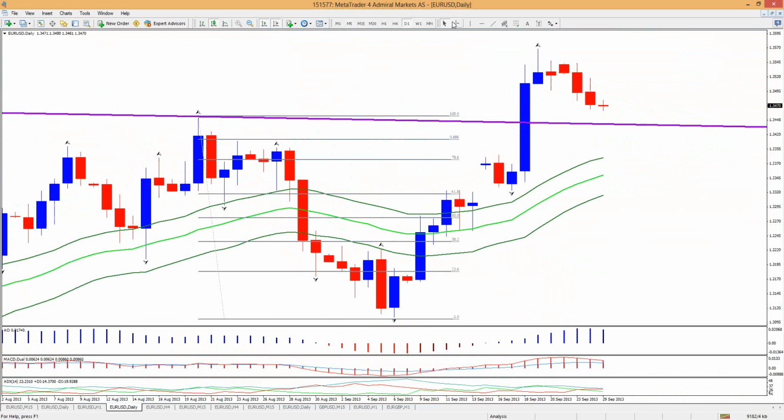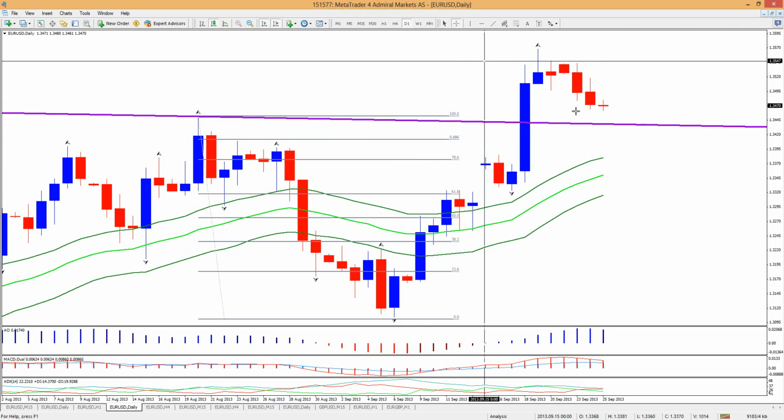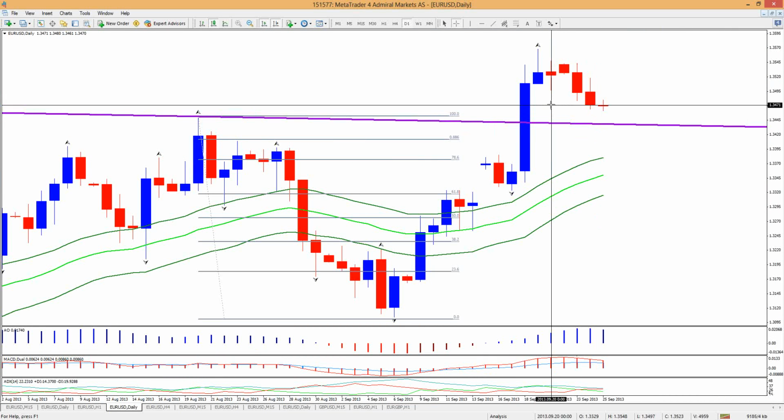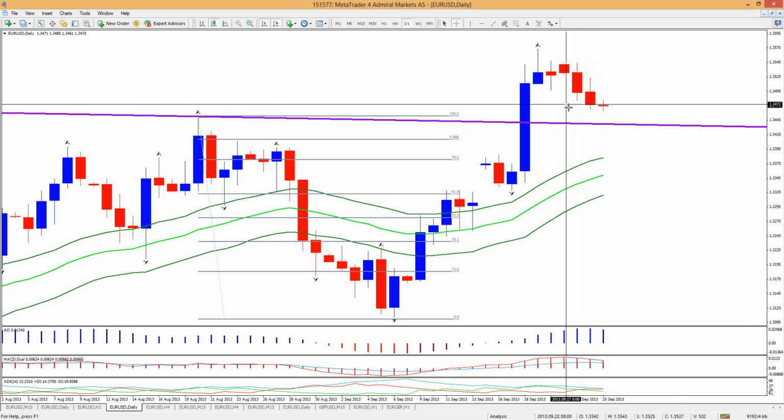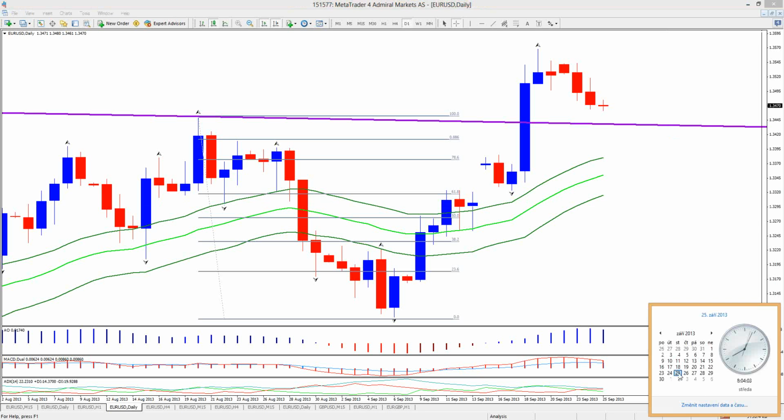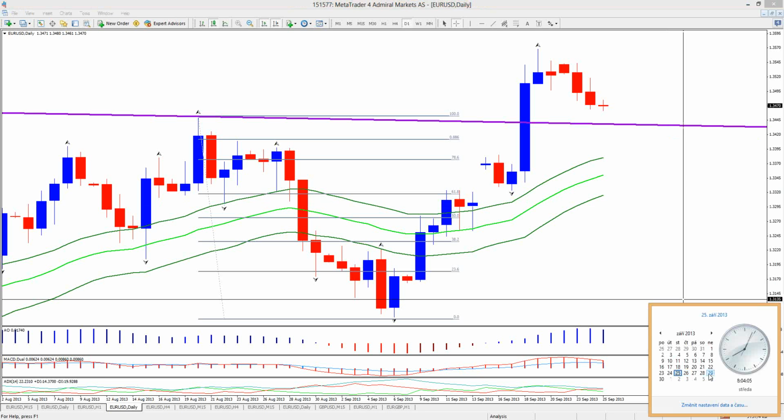Let's see, we're going to take a look at how many candles we have to the side here. 1, 2, 3, 4. Now, personally, I wouldn't be inclined to count Sunday as one of those days. Let me see if that's true.